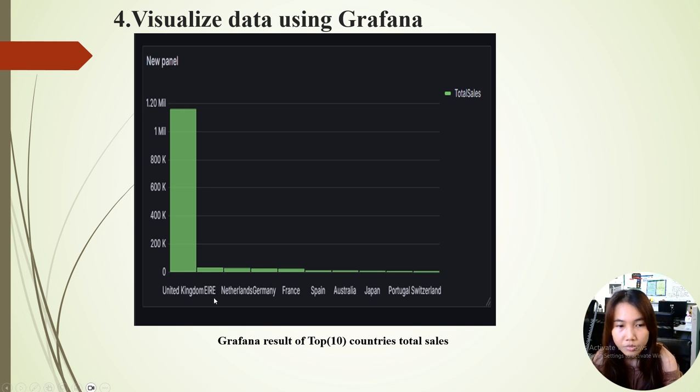The second country is Ireland, the third is the Netherlands, the fourth is Germany, and the lowest sales country is Switzerland. By using the graph, we can monitor the performance and compare the countries easily.